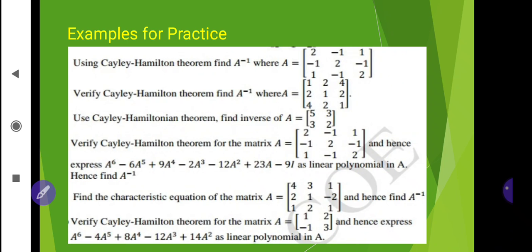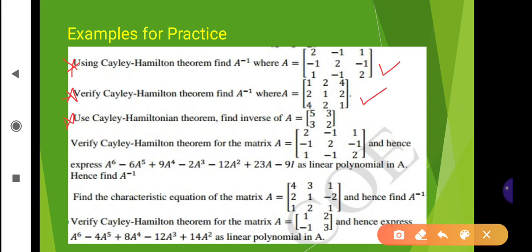So take some examples for practice. The first example: using the Cayley-Hamilton theorem, find A inverse where matrix A is given as 2 minus 1 1, minus 1 2 minus 1, 1 minus 1 2. Then the second question: verify the Cayley-Hamilton theorem and find A inverse for this matrix.